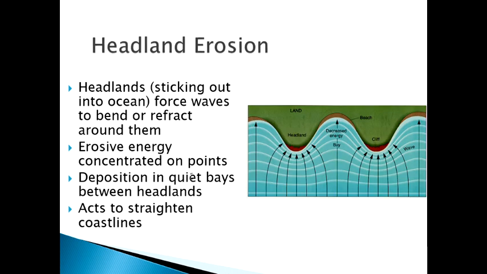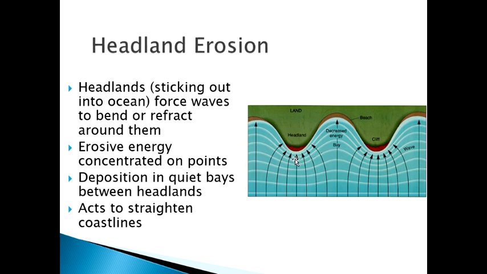Another feature of wave motion is that there is such a thing called headland erosion. As waves come in to the shore, let's say here they're coming in roughly parallel to the shore, they will hit these areas of land that stick out into the water first. We call them headlands.